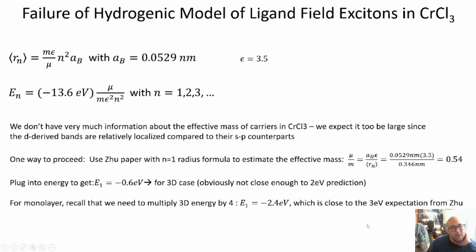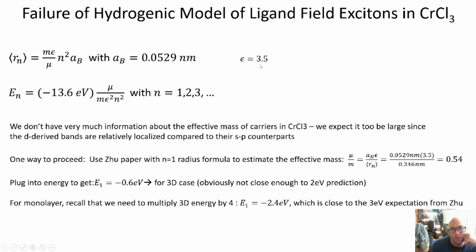And so what is wrong here? I think there's a couple things we need to be suspicious about in this analysis, and the hope is that it's informative to find the places where this analysis is suspicious. So I don't think there's anything suspicious about using the size calculated from the Bethe-Salpeter analysis. That should be fine. Perhaps there's something suspicious about using epsilon equals 3.5.